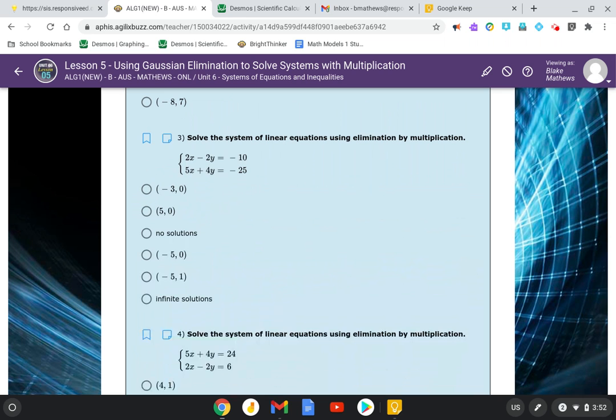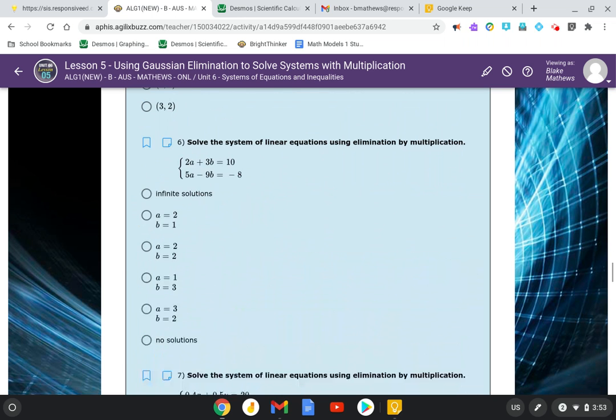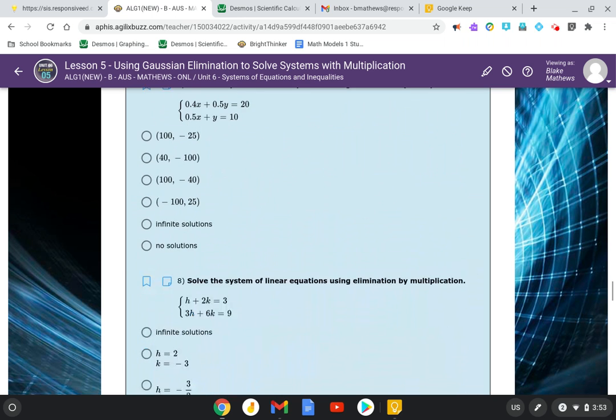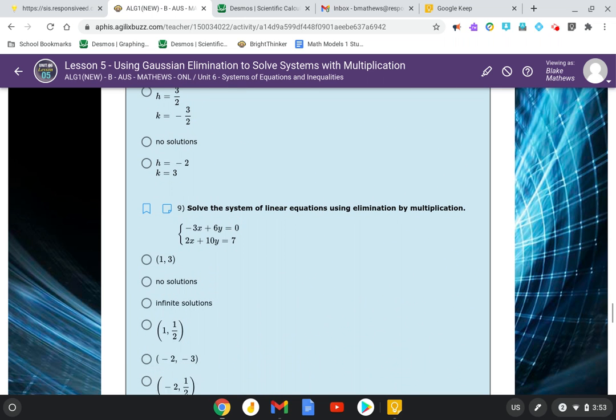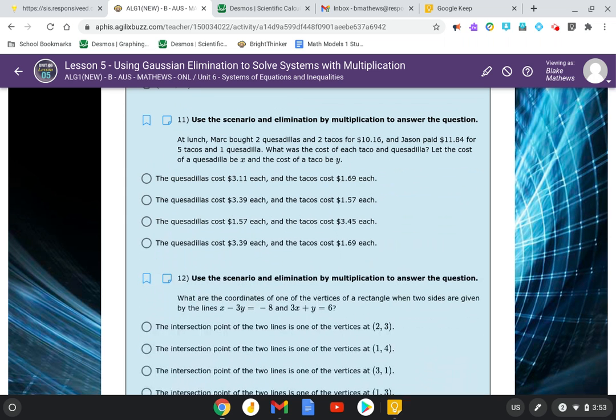Remember, go back to the very beginning of the lesson if you need to remember what to do with no and infinite solutions. That's from lesson 1 and 2. Get all the way down, number 7, number 8, all of these are the same. It just uses h and k instead of a and b or x and y. And then it has you set up some equations.